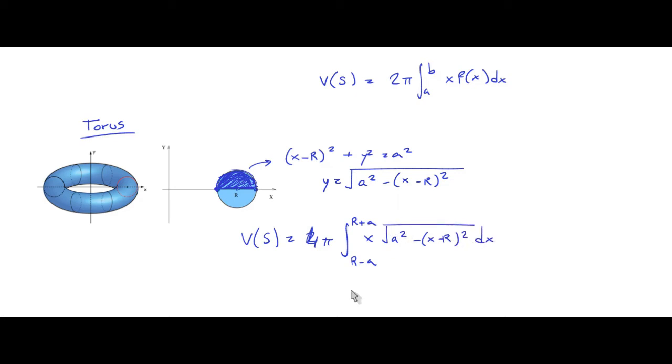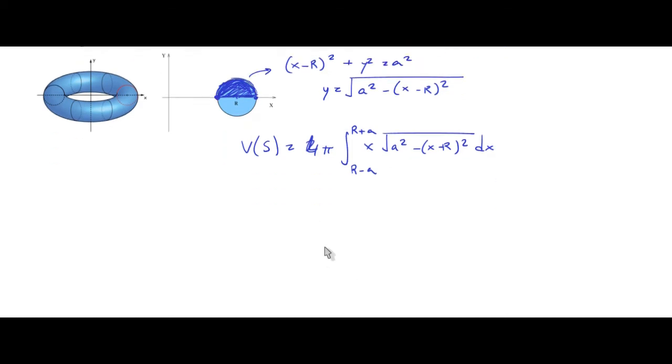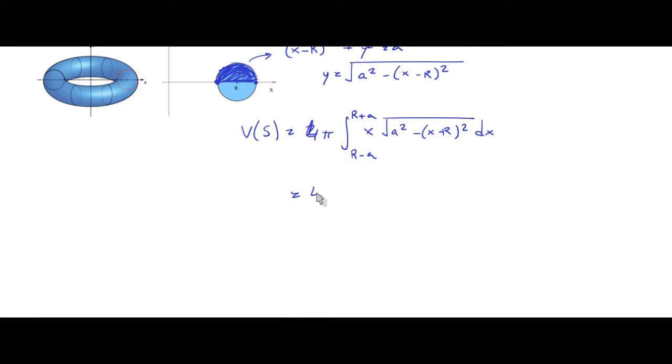Now, so we can, let me write this here. We have 4 pi times the integral between r minus a and r plus a, and then we have x. Let's take common factor here to a squared, right? A squared times 1 minus (x minus r over a) squared, right?